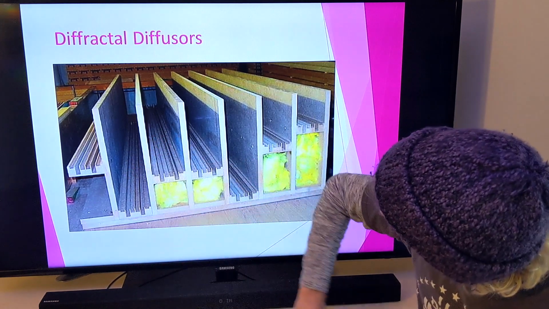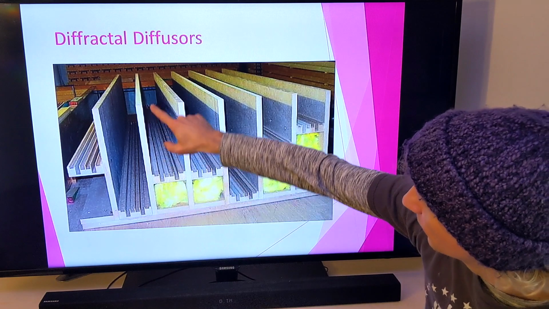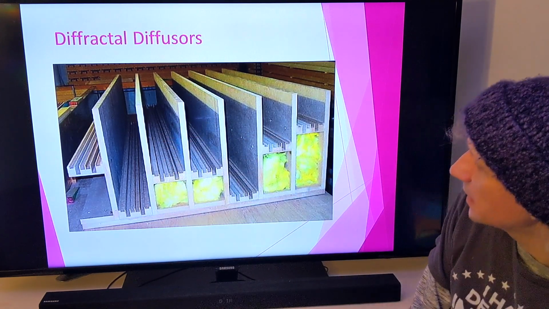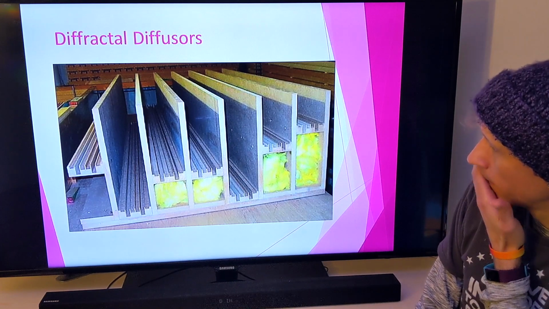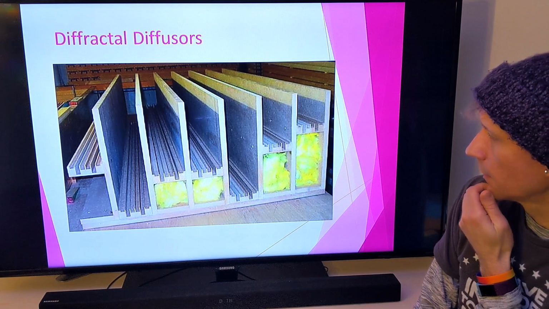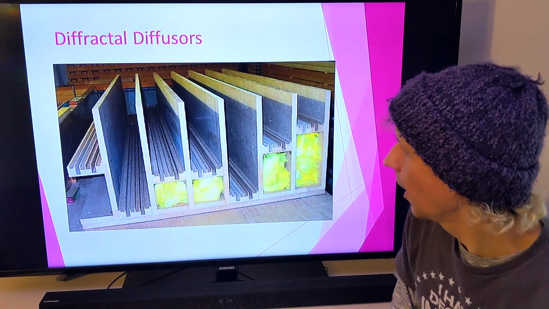And so again, I don't know what the real size of this to scale is, but if that's a foot deep, then this could actually be useful, like we just talked about, for down to 500 hertz.